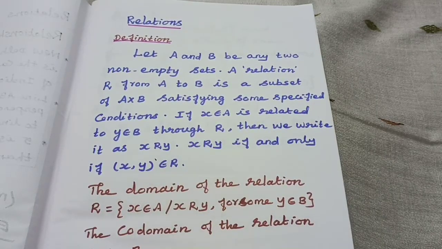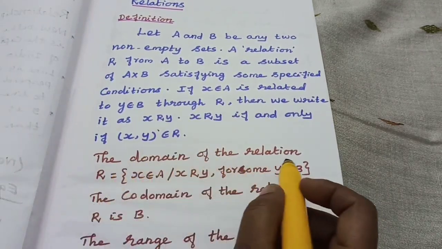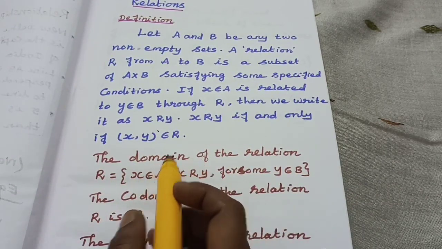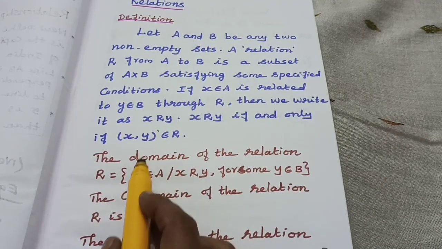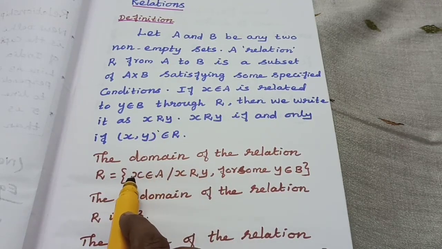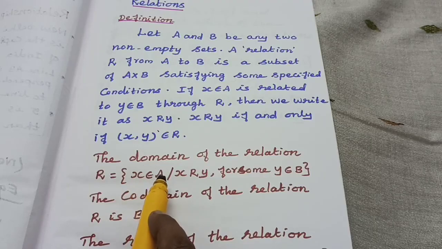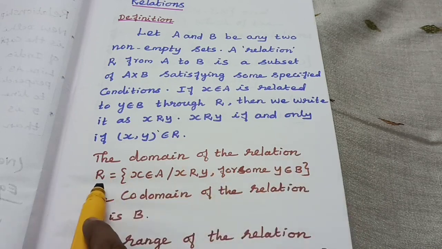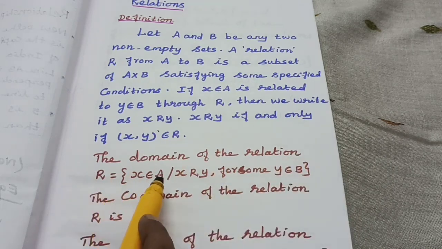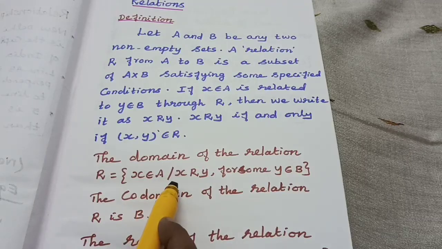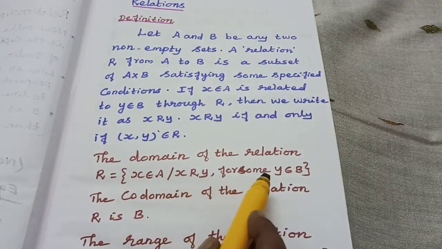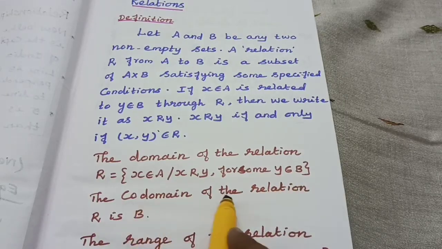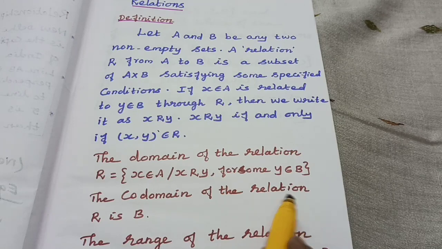Okay. Then, for example, here the domain of the relation, which is the domain? Domain is the first values, the X values are in A, isn't it? Then how can we write the domain of relation R? It is equal to the set of X belongs to A such that X is related to Y for some Y belongs to B. Okay, then the codomain of the relation R is what?